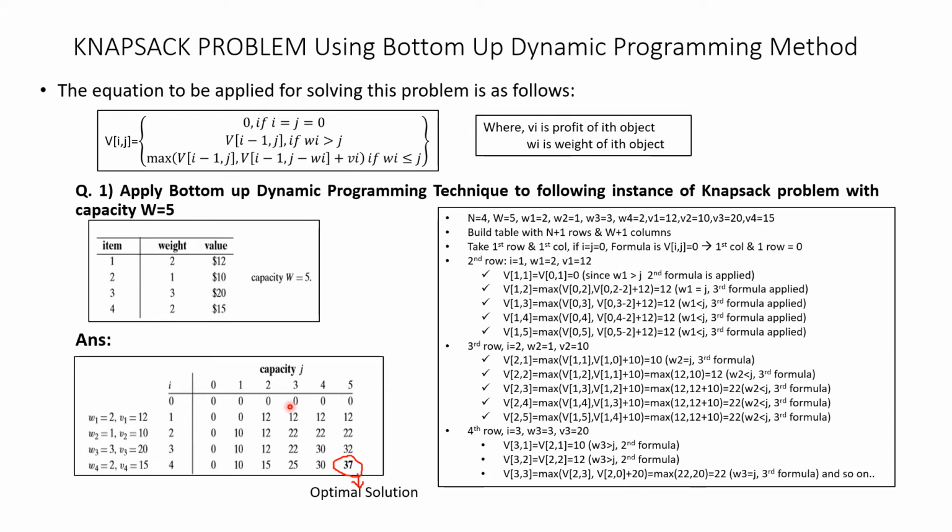Now you just fill the first column and the first row with zeros. There is logic for that actually, but since it will waste your time, you can just fill the first column and the first row with zeros. Why? Because now you have to go on applying these 3 formulas. What the first formula says is, if i is equal to 0 or j is equal to 0, then the value of V(i, j) is 0.